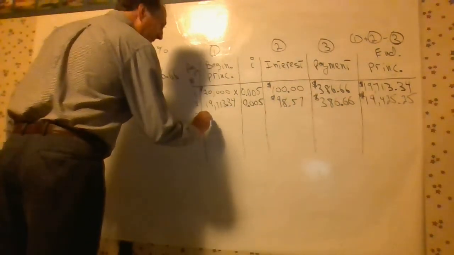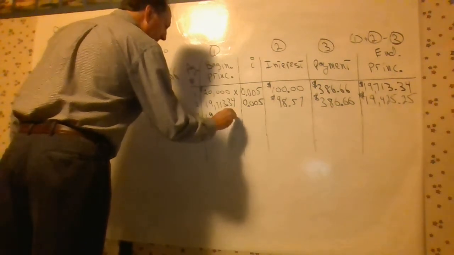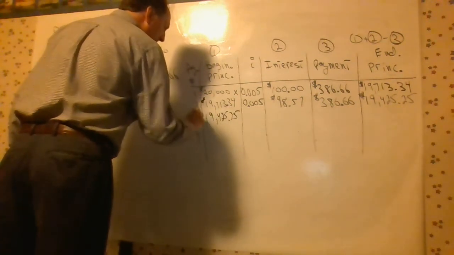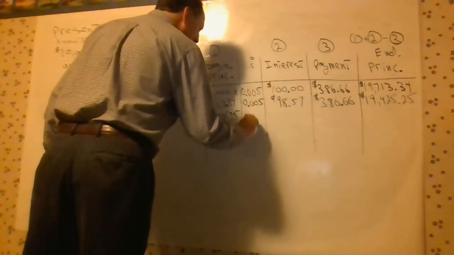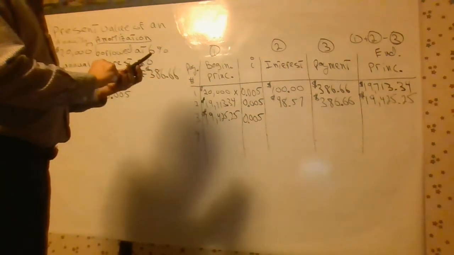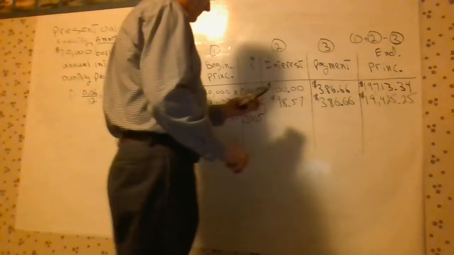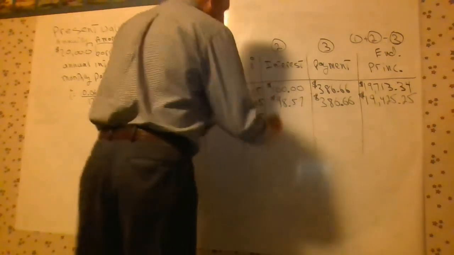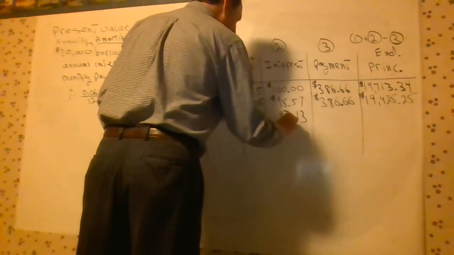We'll do one more month. Okay, multiply by 0.005, and we have 97.13.